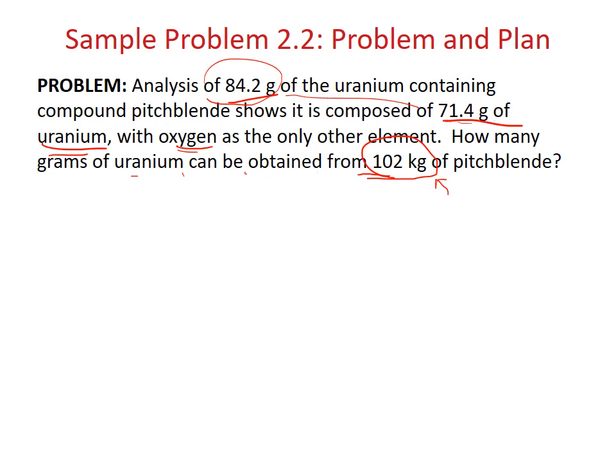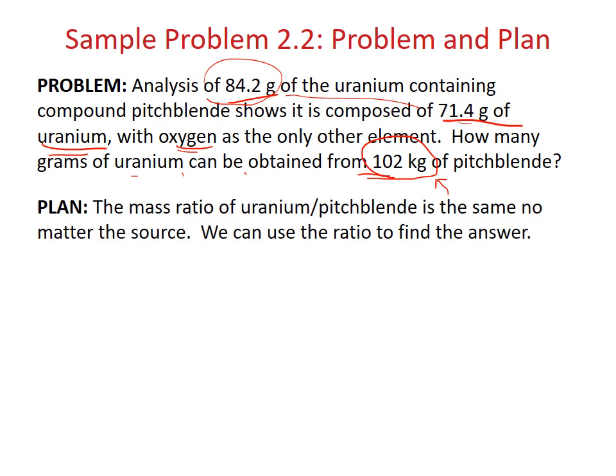But as we already learned, the mass ratio should be the same no matter what the source is, and therefore we can use the small sample to calculate the ratio and use that as a conversion factor to convert the total mass to the uranium mass.